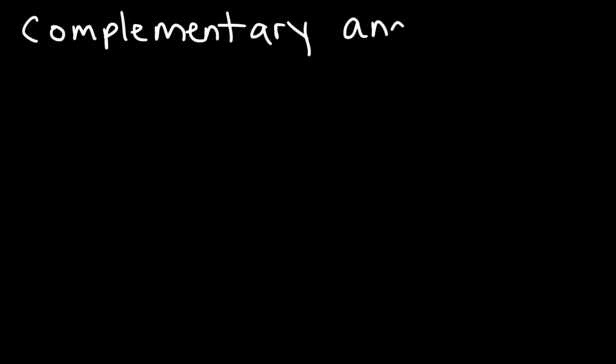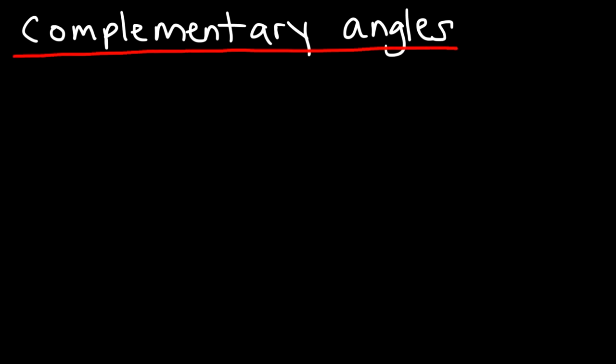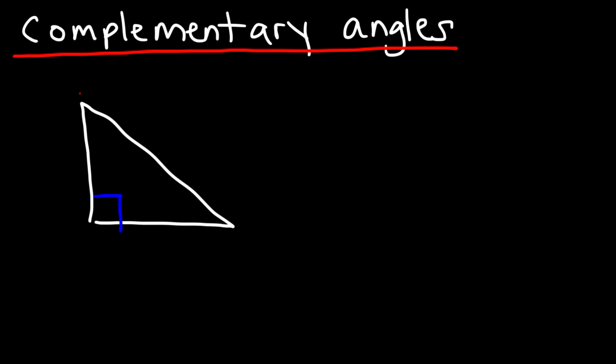The next term that you need to know in geometry is complementary angles. So what are complementary angles? Complementary angles are angles that add up to 90 degrees. So let's say if we have a right triangle, and let's call this triangle ABC. So the symbol for that is as follows. So this is triangle ABC.